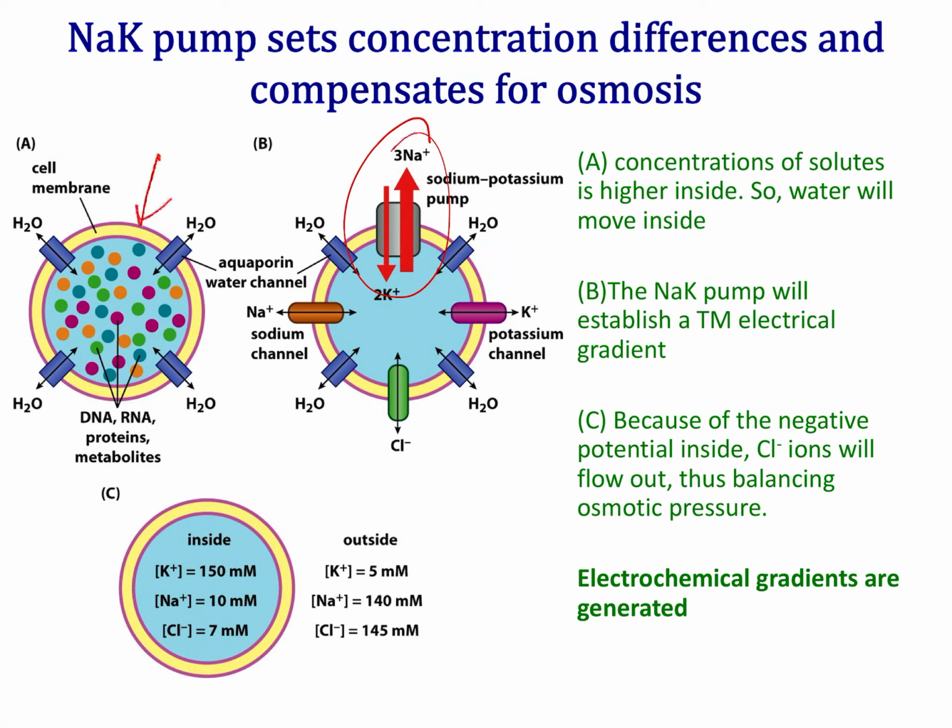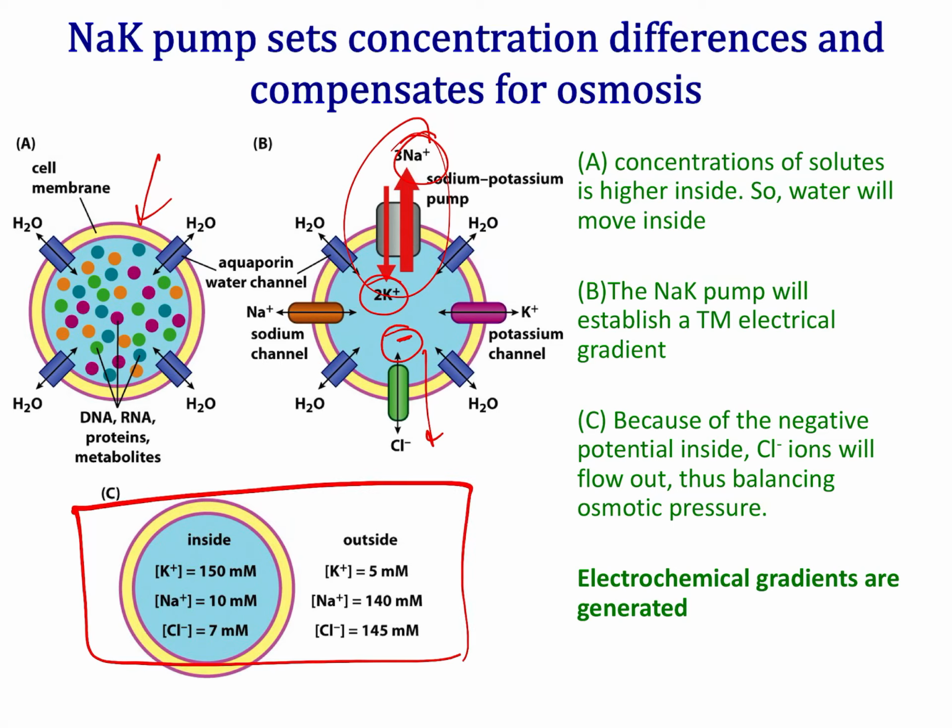If this is the case, then water will flow into the cell through water channels called aquaporins, and the cell will start to swell and eventually it will burst. However, the sodium potassium pump pumps out 3 cations and pumps in 2 cations, resulting in a negative electrical potential inside. And because of this negative electrical potential inside, negatively charged chloride ions flow outside the cell, thus balancing the osmotic pressure. So you have an equal concentration of solutes outside and inside the cell.